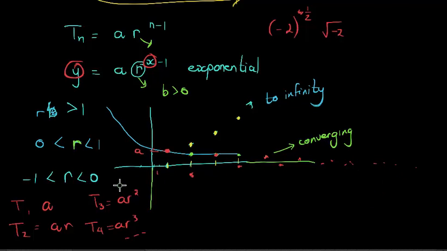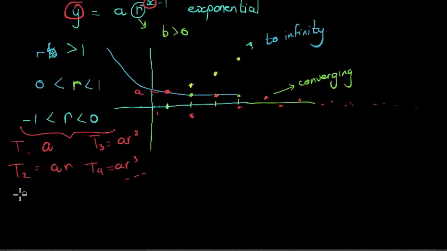line. If r is negative, but it's still between 0 and -1. If r is negative, but it's smaller than -1, then it will look like this.